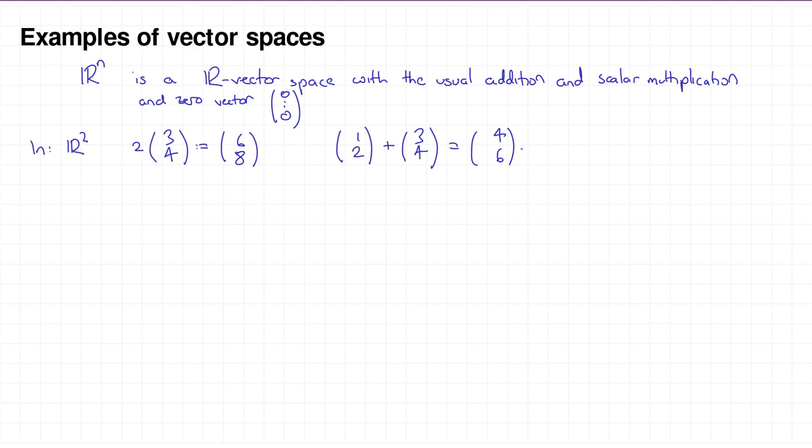You can check that all 8 of those axioms hold for this set R to the n with the usual addition and scalar multiplication and the zero vector, and therefore R to the n is an R vector space. So more generally, F to the n, that is the set of all height n column vectors with entries from the field F, is an F vector space.